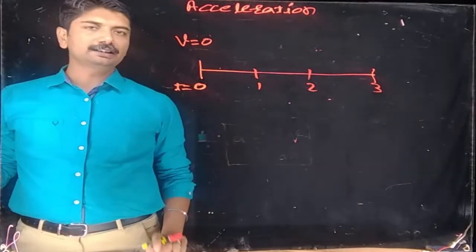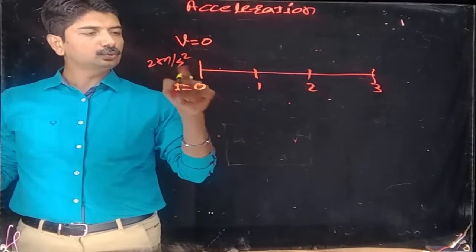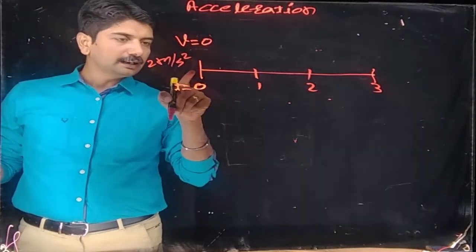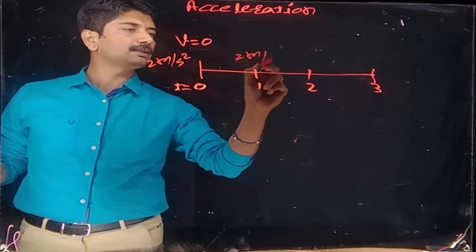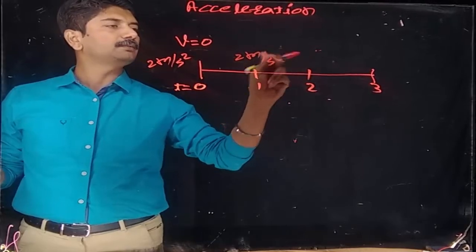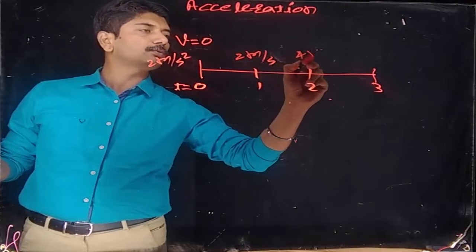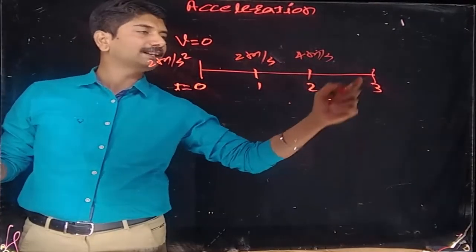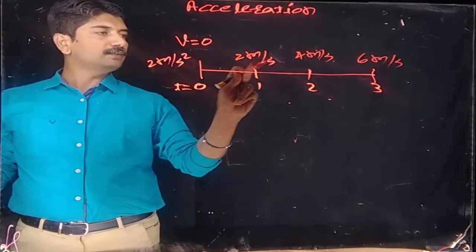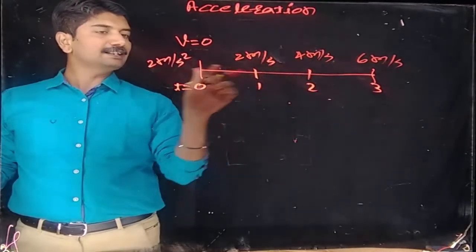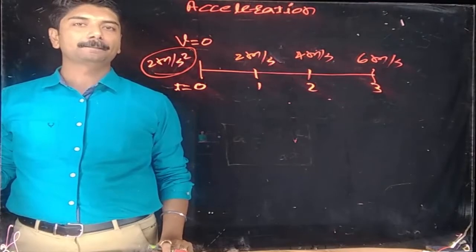Now if at this point I give an acceleration of 2 meter per second square to the object, then initially the speed was 0, but after 1 second the speed will be 2 meter per second. After 2 seconds the speed will be 4 meter per second, and after 3 seconds the speed will be 6 meter per second. If you observe closely, in every second the speed is increasing by 2 meter per second. That is the rate of change of speed. This is acceleration.